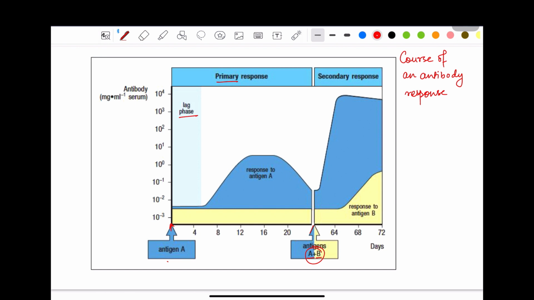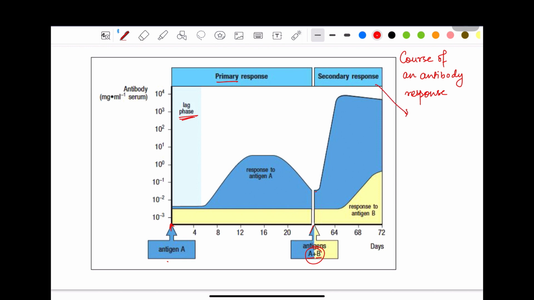So what is the difference between this primary and secondary response? As we can see that this lag period is missing in the secondary antibody response. So the lag period of the secondary response is very, very short.